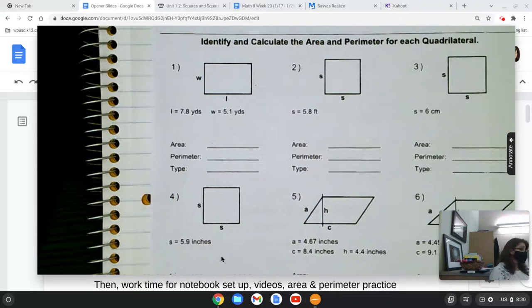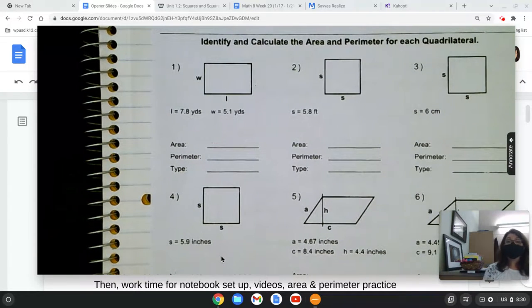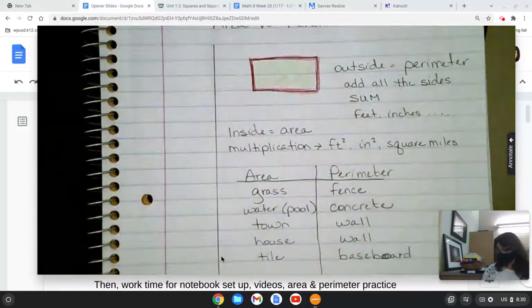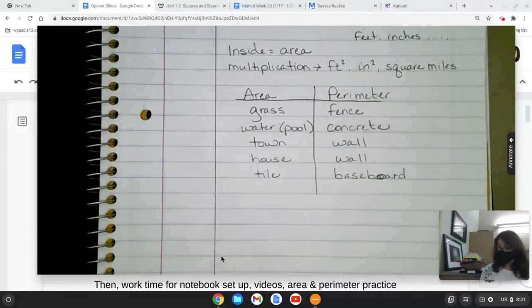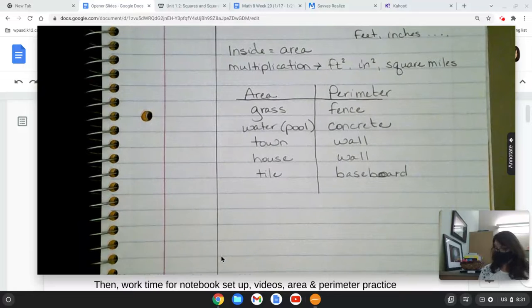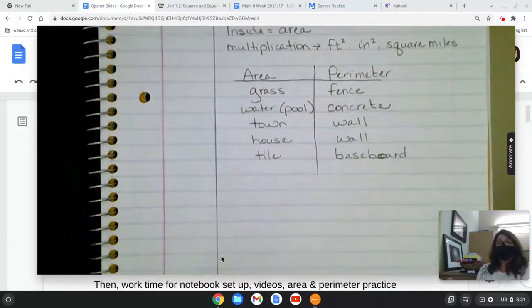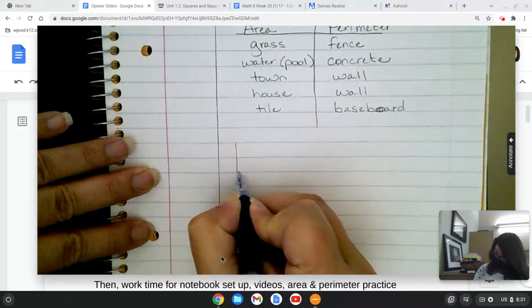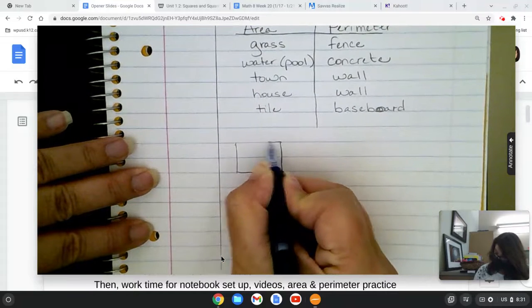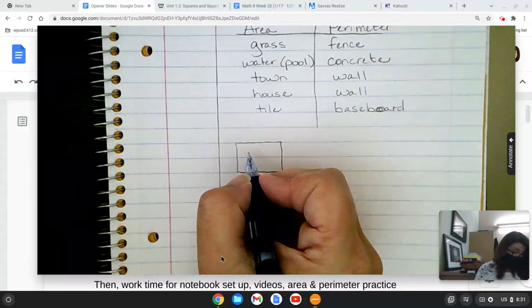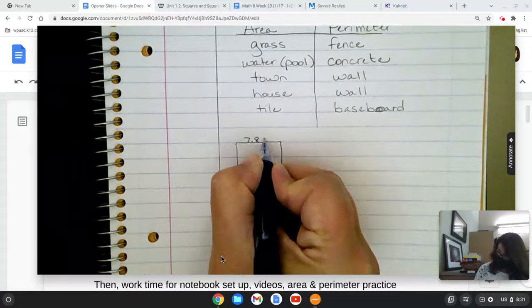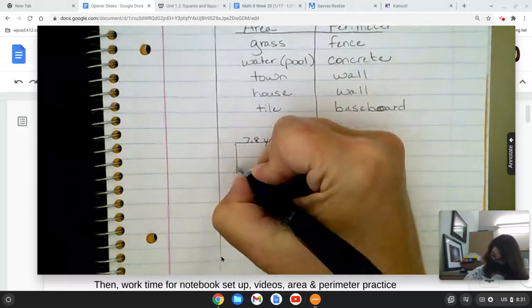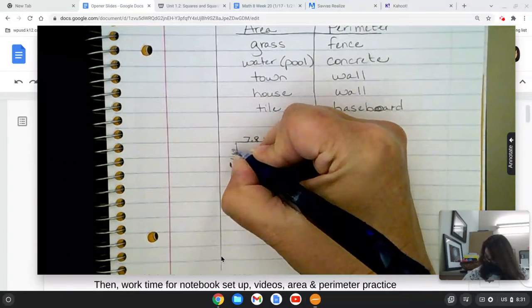Area and the perimeter. Talk to each other. Because of the way, well, I think I can make this move a little. Yes. This says 7.8 yards, 5.1 yards.